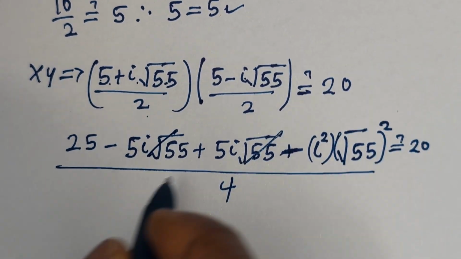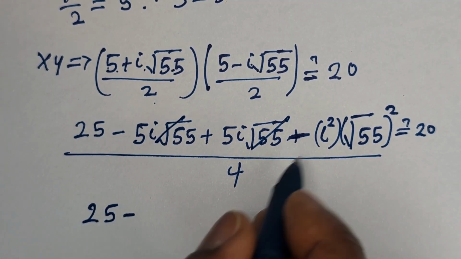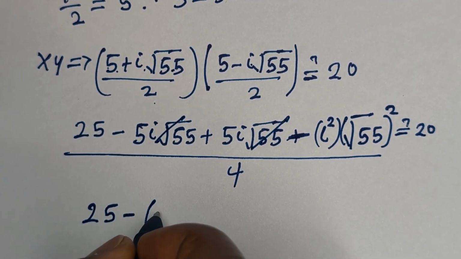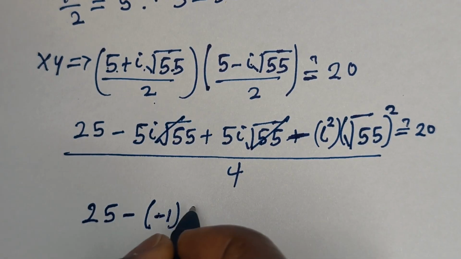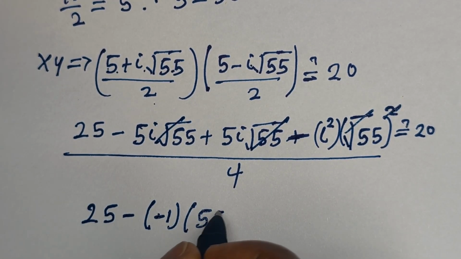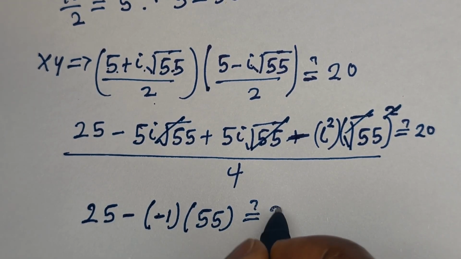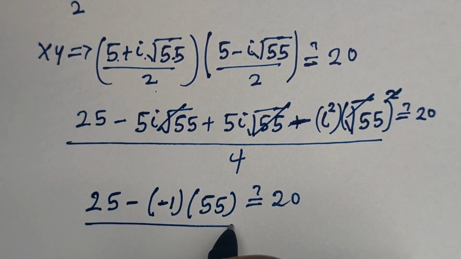This cancels this. We have 25 minus i squared is minus 1, minus 1 multiplied by this, cancel this, we have 55, must be equal to 20, then over 4 here.